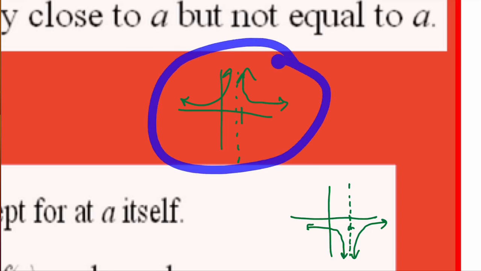Remember, for a limit to exist from the left and from the right, we have to be going in the same direction. So for them to say that the limit is infinity, both sides have to go up. For them to say that the limit is negative infinity, both sides are going down. Now, often when it comes to a vertical asymptote, one side will go up and one side will go down.